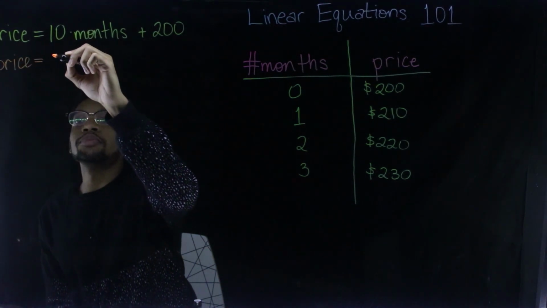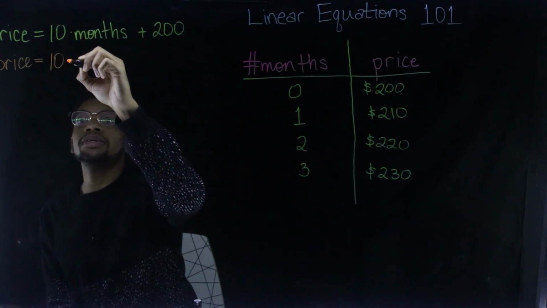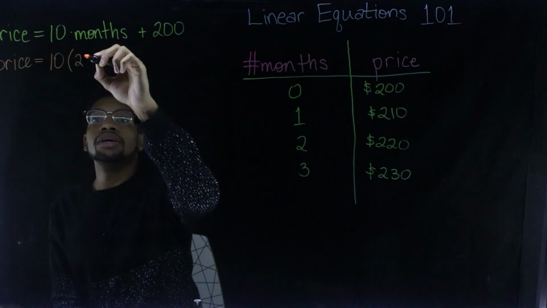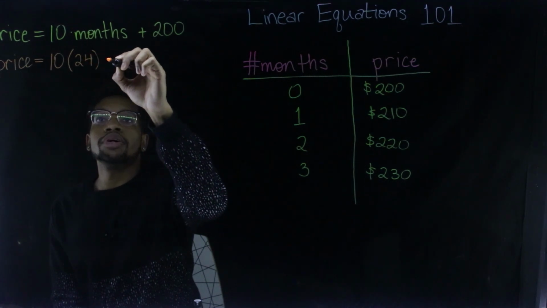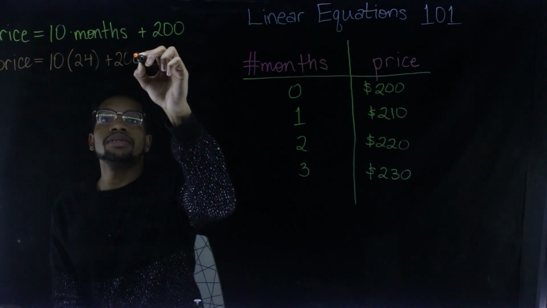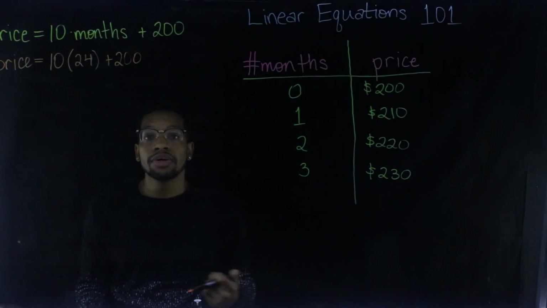We can just use our formula that we made, which is 10 times, and if it's 2 years, that's 24 months, plus 200. I'll let you figure out what that is, but that's how we can figure out how much we've spent.